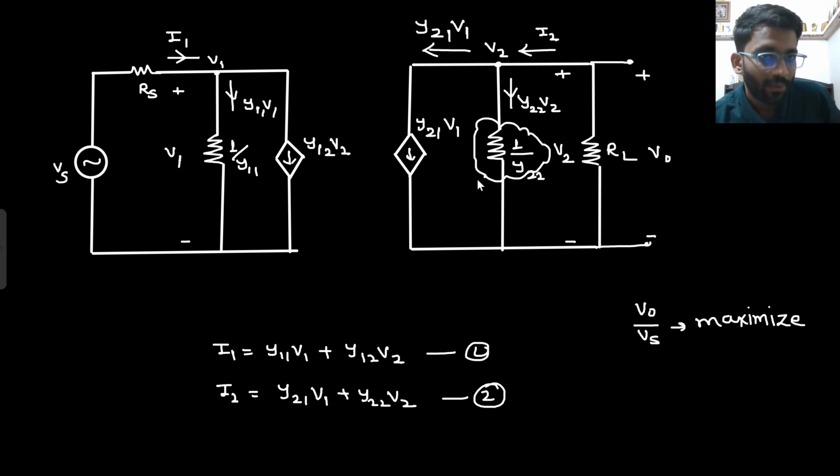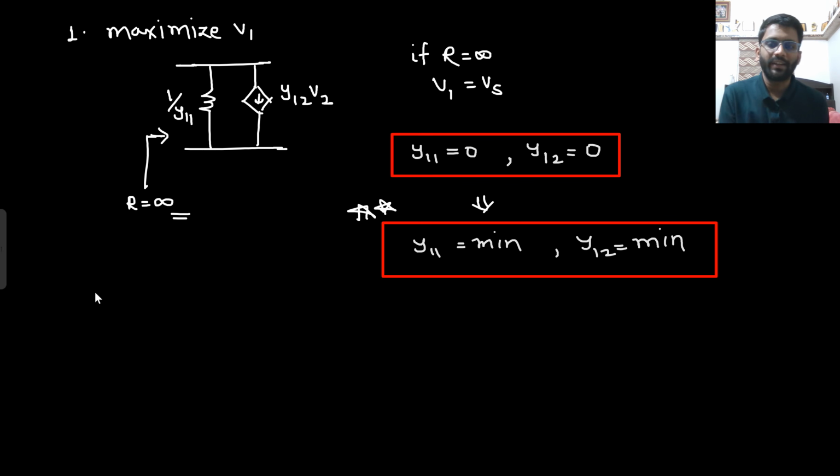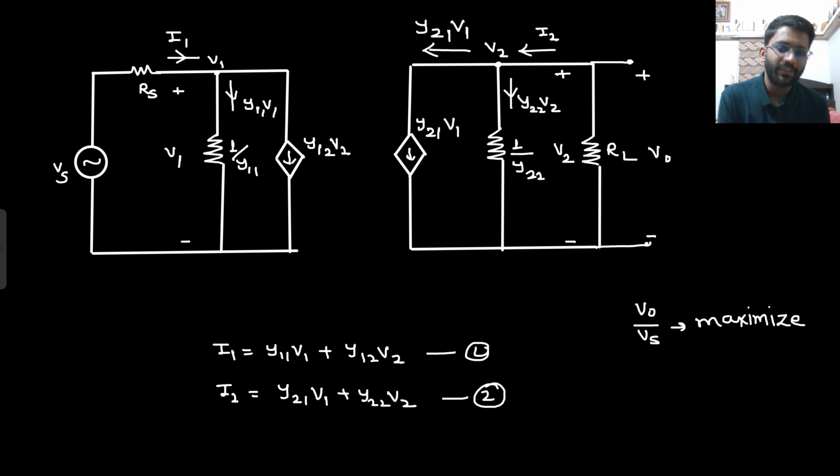If 1 by Y22 is infinity, or if Y22 is 0, that means the complete current will be flowing through RL. Say yes or no. Right? Then what will be your V0? V0 will be Y21 V1 into RL, and the minus sign will be there because this current will be flowing like this. Did you understand this point? So my second target is to maximize V0, or you can say minimize Y22 V2.